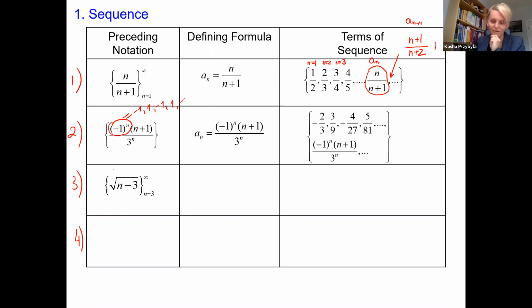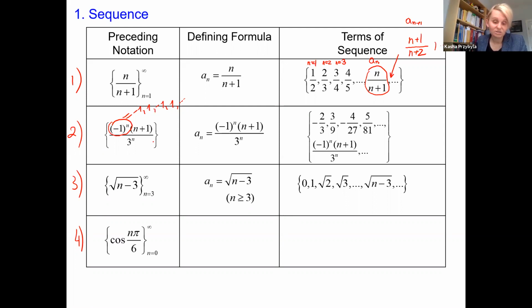This is the indication of the initial point, n equals 3, and then we just substitute 3, and we have square root of 0, square root of 1, square root of 2, square root of 3, and so on. If I'm not writing it, we always start with 1, counting numbers. That's how we start counting.